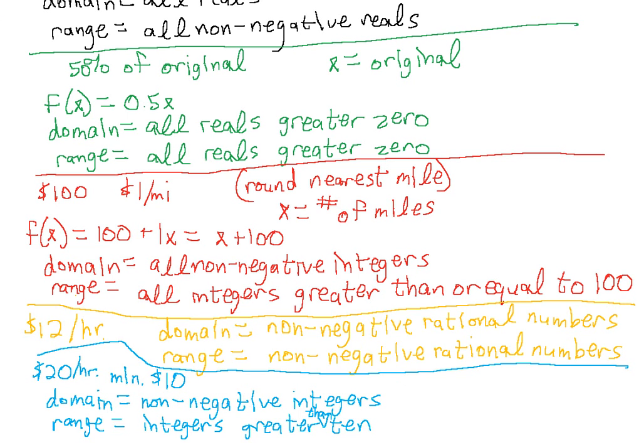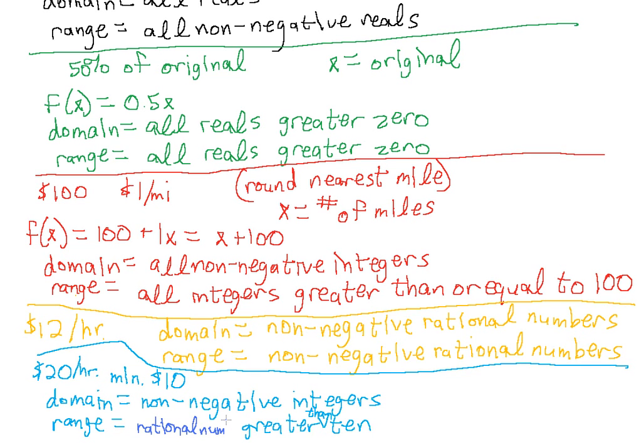And, well, since we changed this to $20 an hour, we're going to make this the set of all rational numbers greater than 10. And here's why. It depends on how long it takes him to mow a yard.